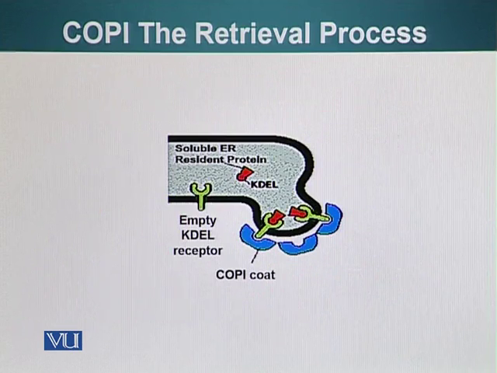So here I would like to show you this diagram. Here you can see these receptor proteins that can bind the KDEL sequence on the surface of proteins which are ER resident.